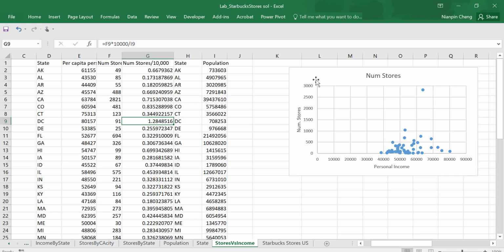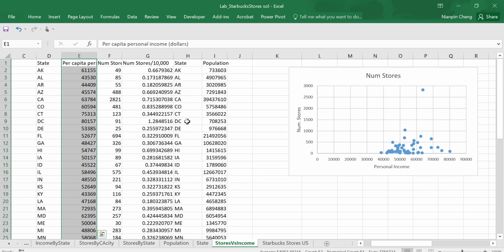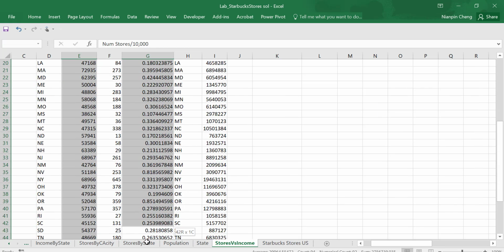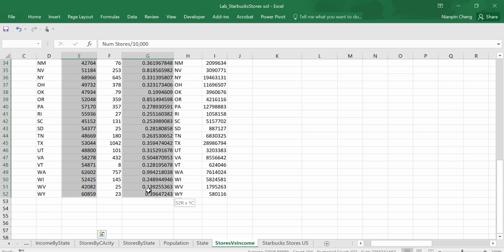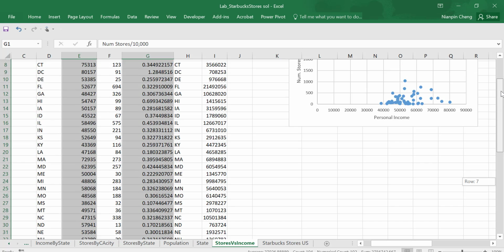Okay, now instead of finding out the relationship between personal income and the number of stores, this time it is per 10,000 people. So this value is related to your population, okay? So we select 2 columns. Just select this column, and also we use Control, select this column. We push down the Control key and also the down key.